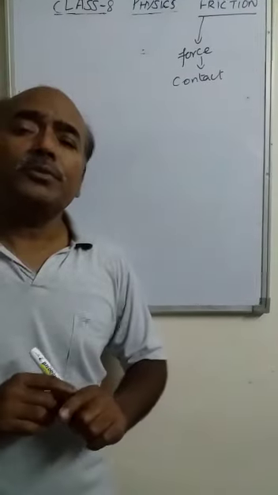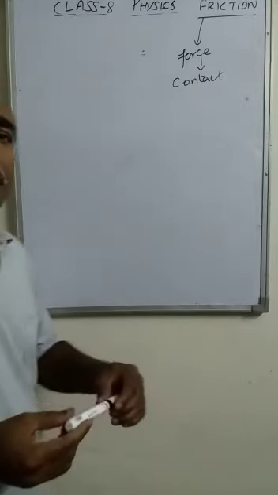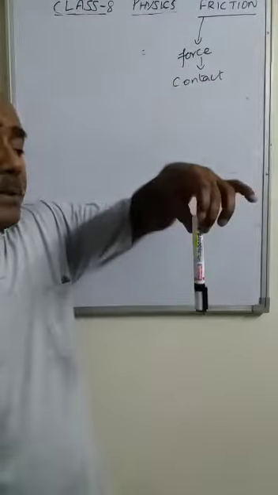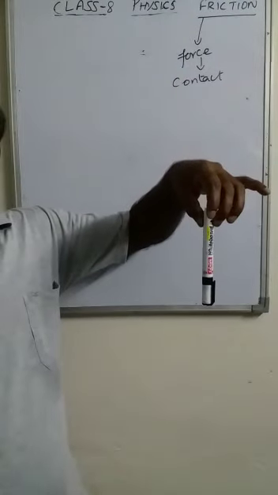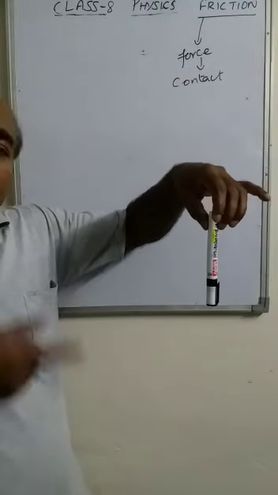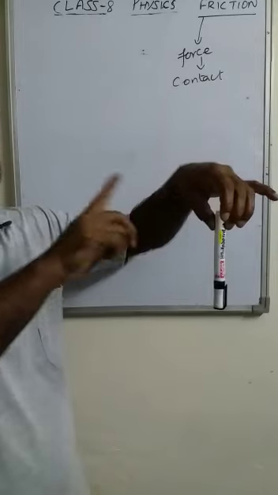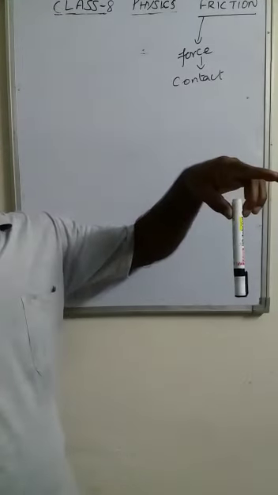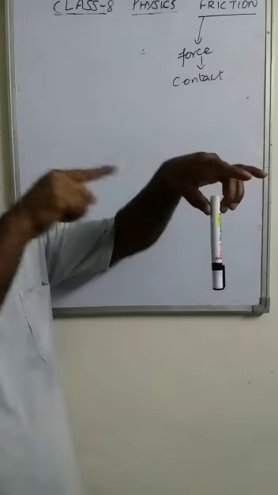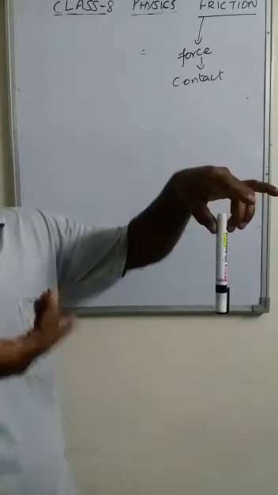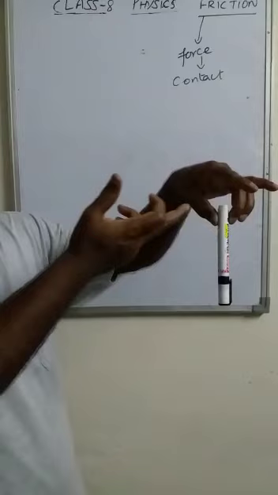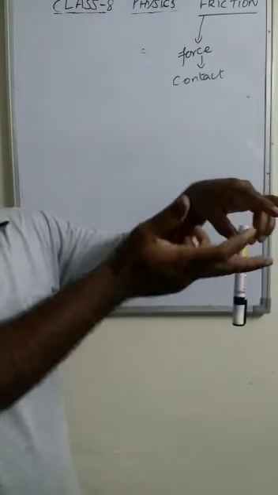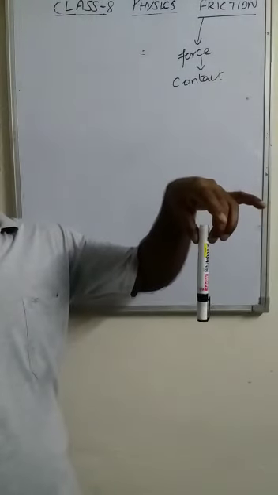If I want to lift this pen, I must have contact with the pen. My finger must touch the pen. If I am not touching the pen, then we cannot find the friction between finger and the pen. So we say friction is a contact force.